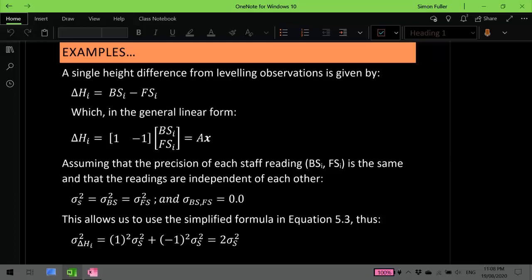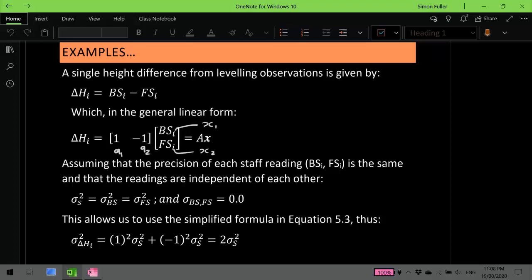Taking that height difference, here's alpha 1 and this is alpha 2 here. Again, referring back to equation 5.3, this would be our first normal random variable or first measurement, and here's our second one here.